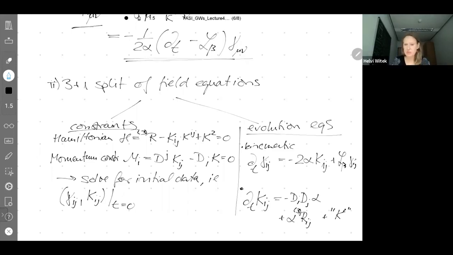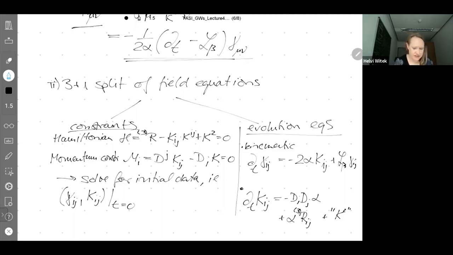But these two equations in principle would describe the time evolution of our metric and extrinsic curvature. That's not exactly what we would implement. We still would have to work a little bit harder to get a system of equations that is a mathematically well-posed initial value formulation, but I don't think I have time to go into that here at all.